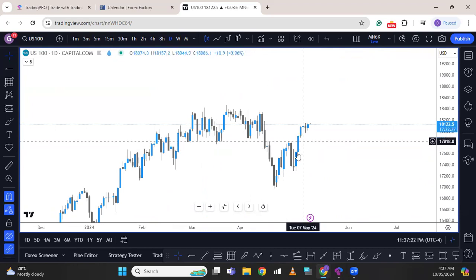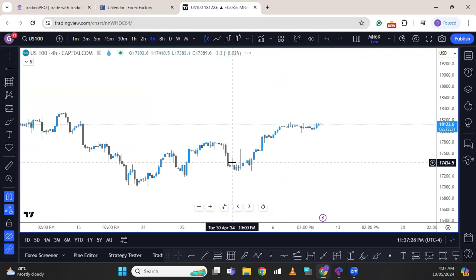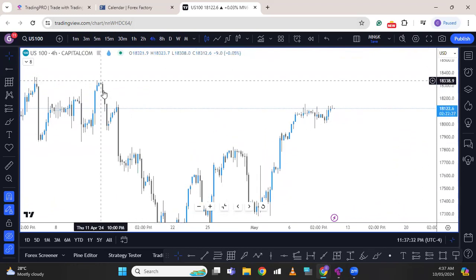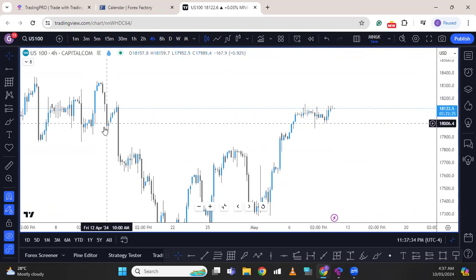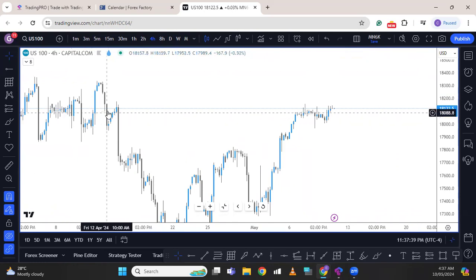So on the daily, this is a retracement in a down move. If we go down to the 4-hour time frame, all we have is that price is still within this smaller order block, a very short block here. As you can see, price has not been able to take out the high.